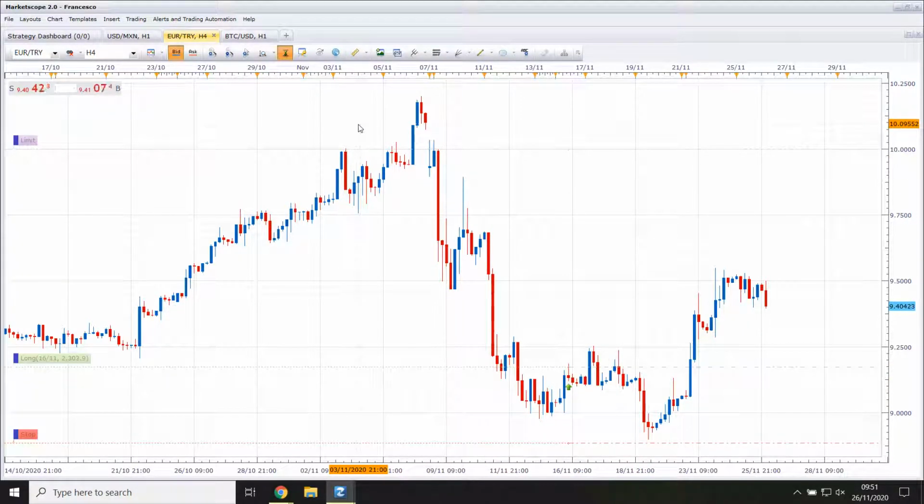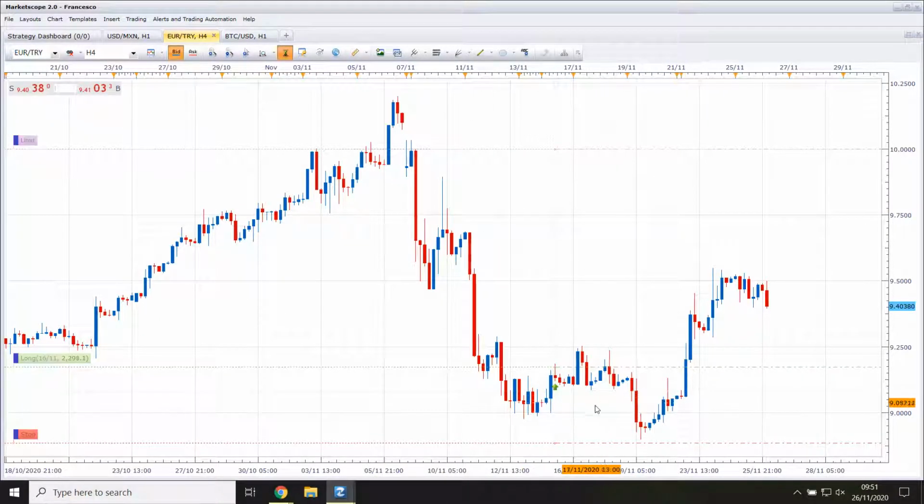So remember that EURTRY drops if the lira is going up. But as you can see, I bought here, and it's almost like buying on the dip. I'm out by, from here to the actual bottom, let's call it 1,500 pips.